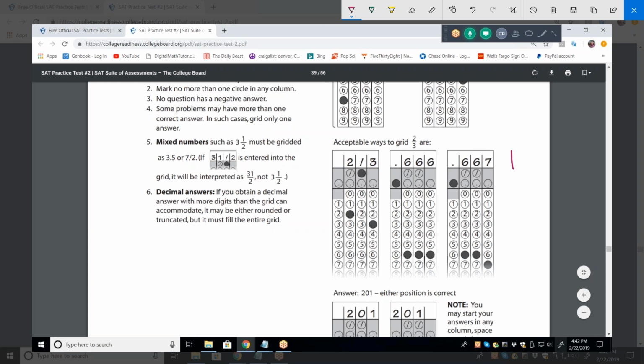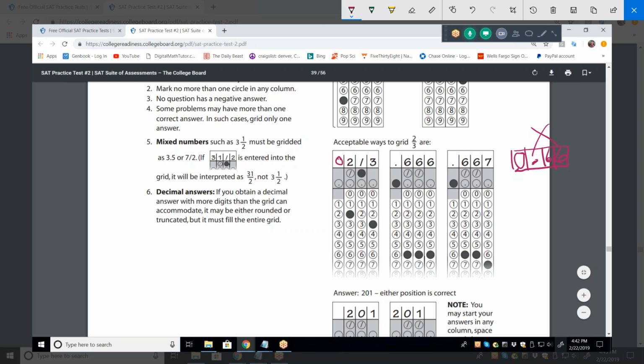What is not correct would be leaving the first column blank and making it 0.66. That would be wrong. Okay. In other words, if you're going to have a decimal, do not precede it with a 0. And one way you can tell that this would be wrong is notice there's no bubble for 0 in that first column. There's no way to put a 0 right there. Because remember, when you take the SAT, they are not reading your numbers.